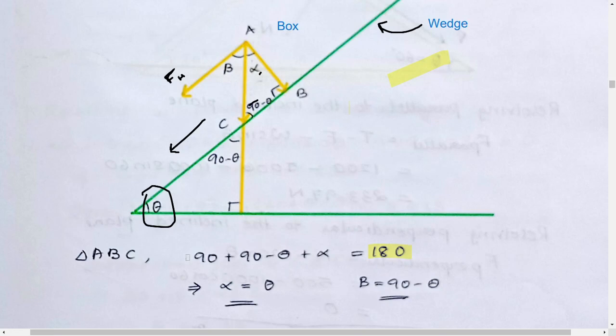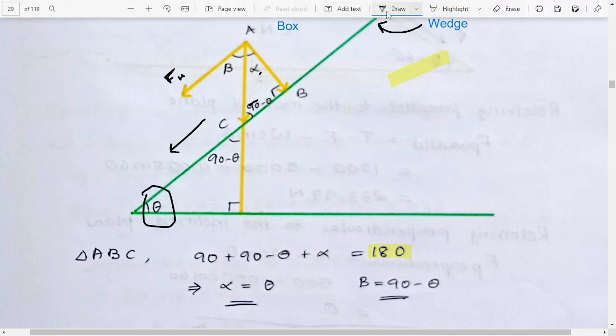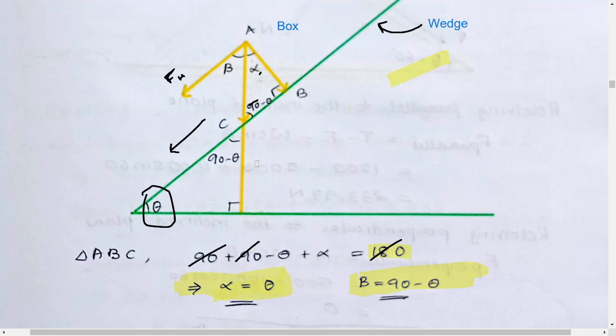So this 180 and 180 will get cancelled, and we'll be having minus theta plus alpha is equal to 0. From that we'll be getting alpha is equal to theta. This is the most important thing which you should understand. Alpha is equal to theta and beta is equal to 90 minus theta, because if alpha is equal to theta, then this total angle here is 90 degrees, so beta will be equal to 90 minus theta. So these two things are very important.